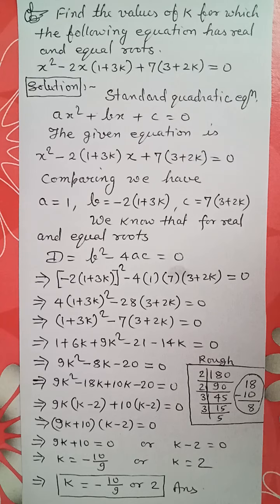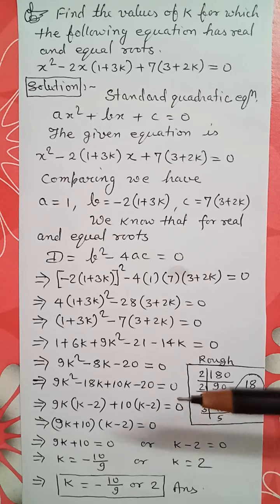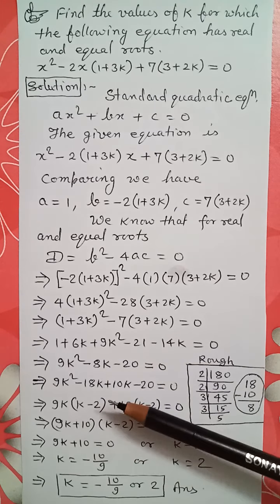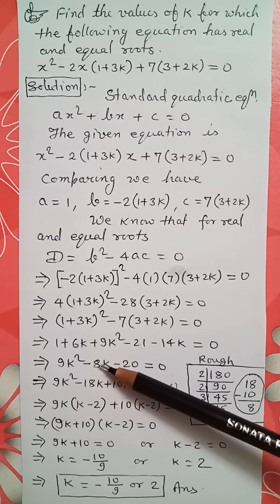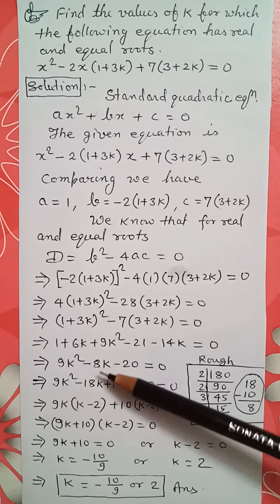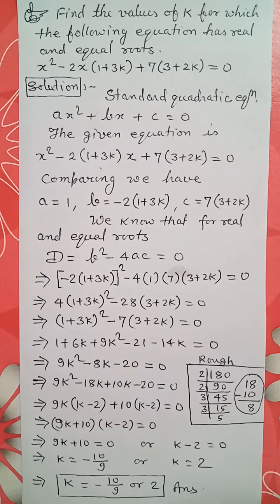Now we have to look for two numbers with the help of this factorization such that their difference is minus 8. Now we see that 5 times 2 is 10, and 3 times 3 is 9, 9 times 2 is 18. 18 and 10, the difference is 8.